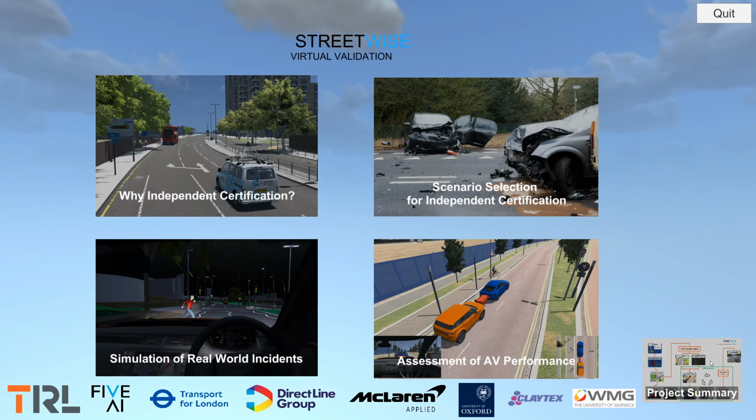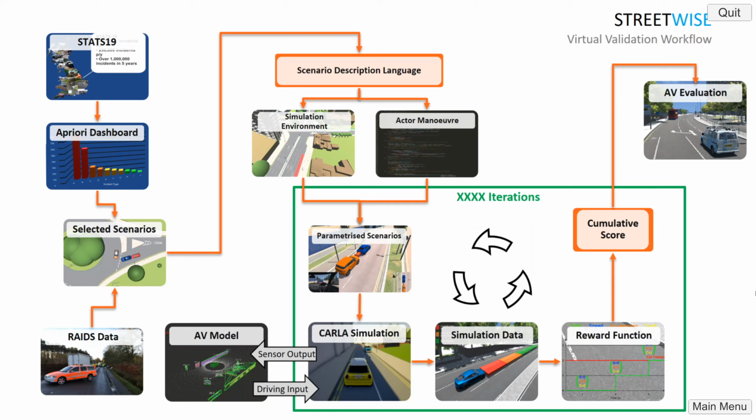And finally, going back through all of the things that I said today, to sum it up, we started with STATS19 Great Britain level statistics. We put them into our dashboard to identify the impact incident scenarios that are most relevant and most common. We chose those scenarios, and we enhanced them in terms of data by matching them with similar RAIDS cases.